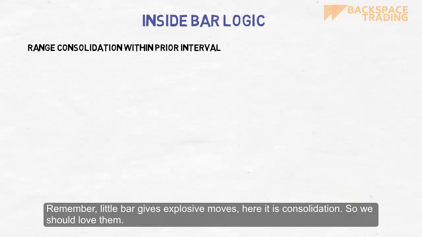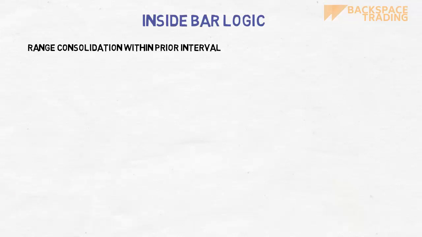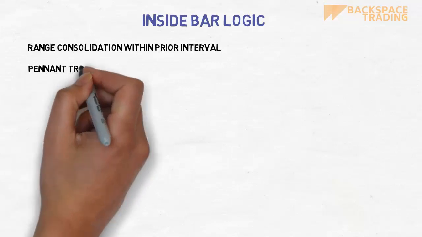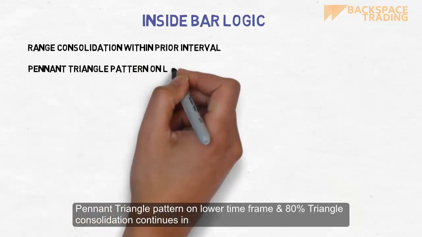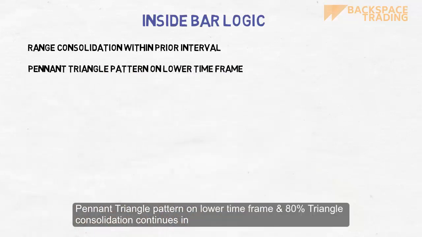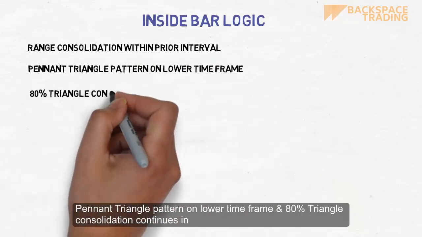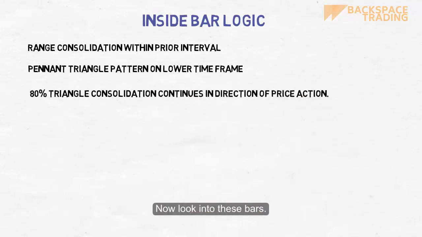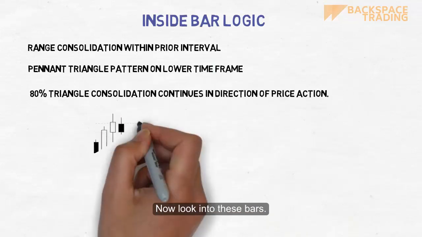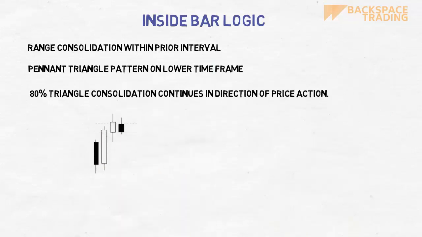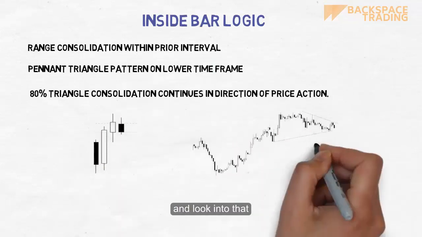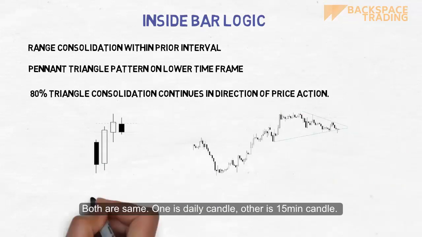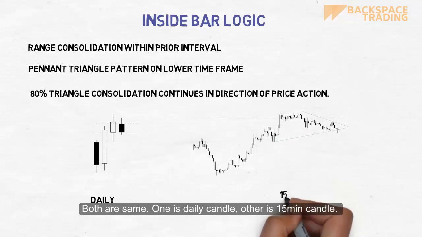Okay, and these inside bars actually form a triangle pattern on lower time frames, and by the looks of it, 80% of triangle patterns tend to move in the direction of price action. Look into these bars now. Okay, and look into that. Both are the same. Okay, one is a daily candle and the other is a 15-minute candle.